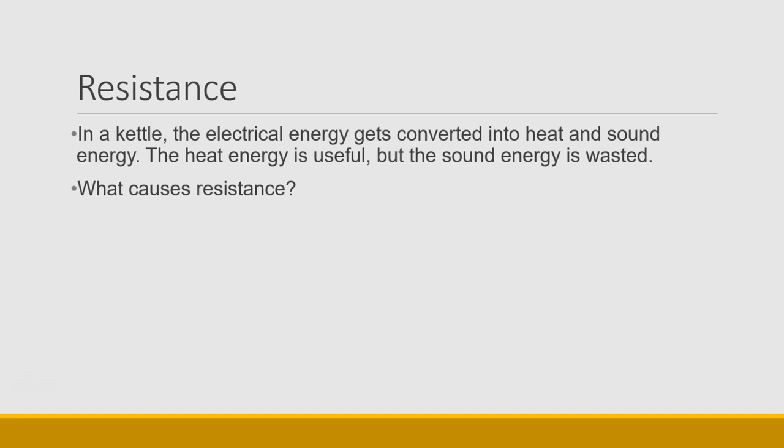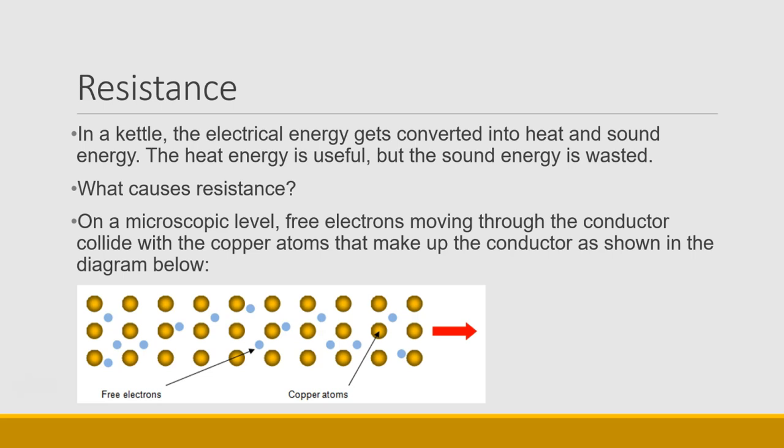At a microscopic level, or at an atomic level, what actually causes resistance? Well, if you consider a piece of copper wire, just consider these yellow or brown circles over here. Those represent the copper atoms that make up the copper wire. Now, electricity is made up of free electrons that are moving through the conducting wire like the copper wire.